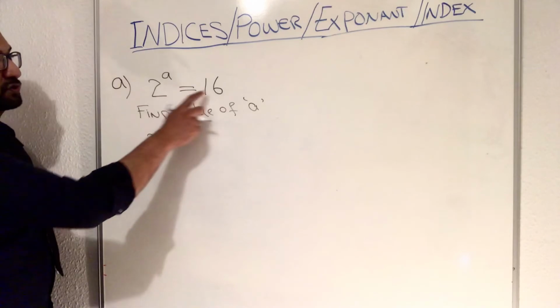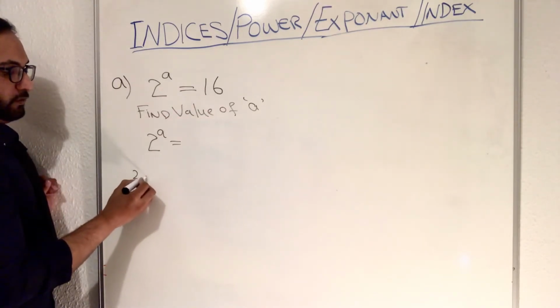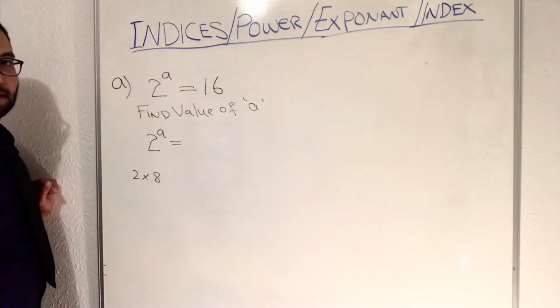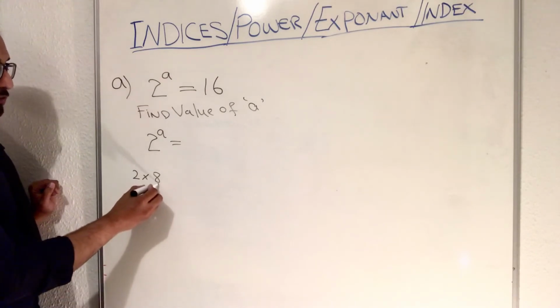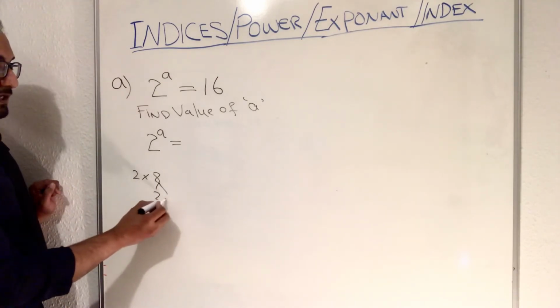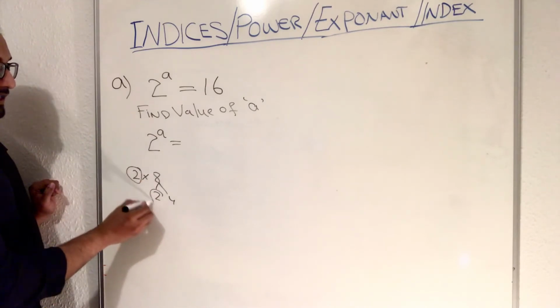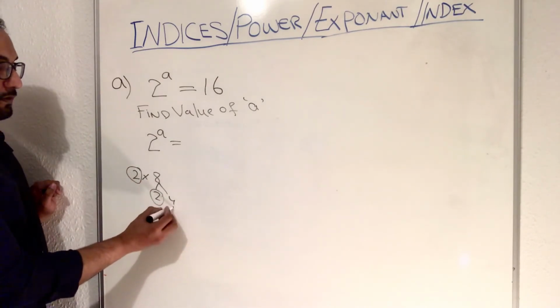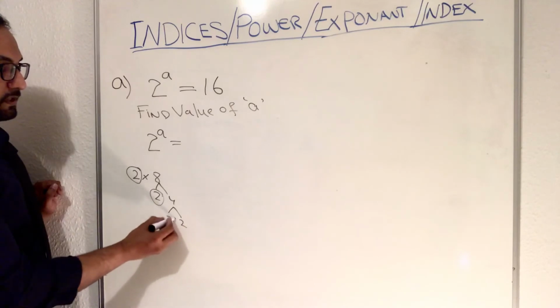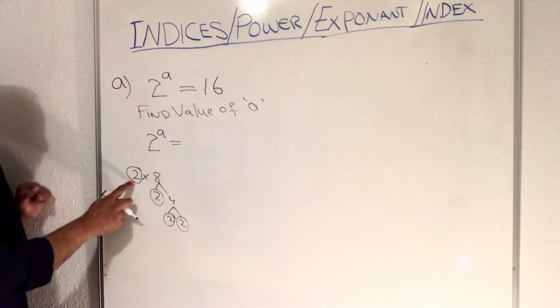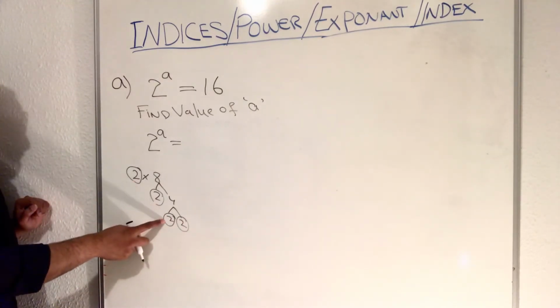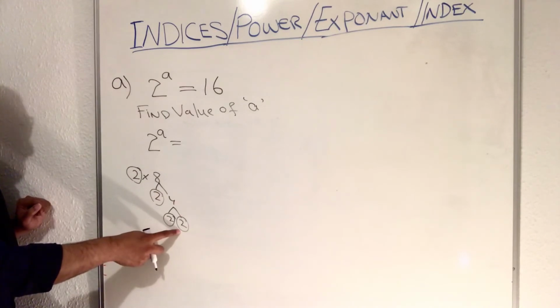How many 2's go into 16? 2 times 8. How many 2's go into 8? 2 times 4. How many 2's go into 4? 2 times 2. So 2 times 2 is 4, 4 times 2 is 8, 8 times 2 is 16.